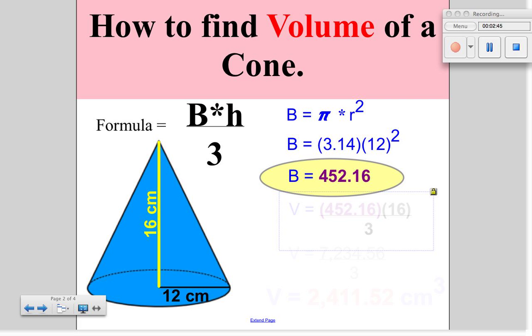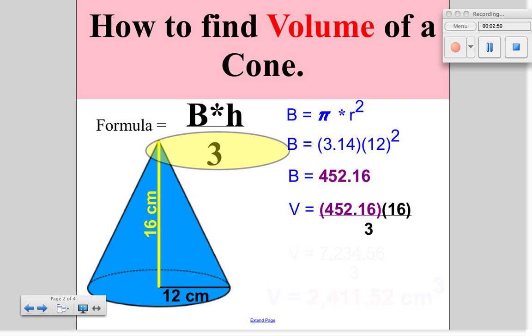Let's move on. The next thing we need to do is find the volume. Let's follow the complete formula. The area of the base, which we found to be 452.16, we multiply by the height, which is h.